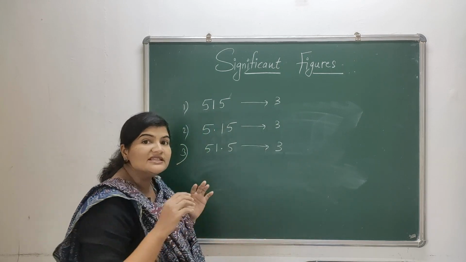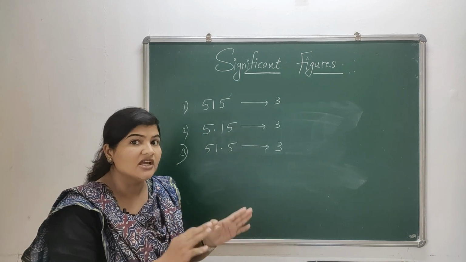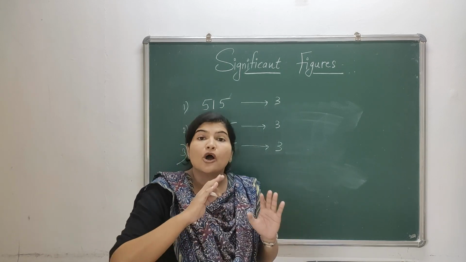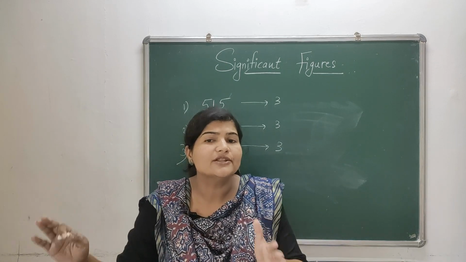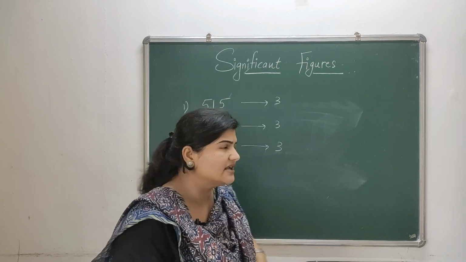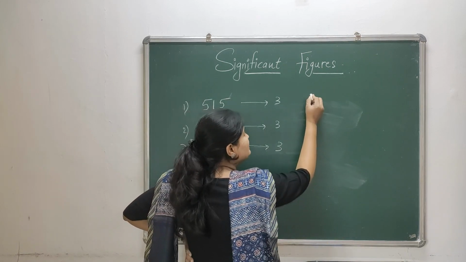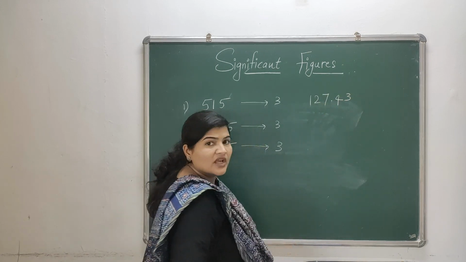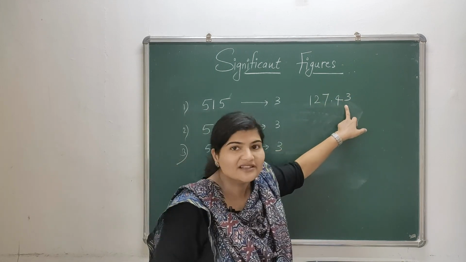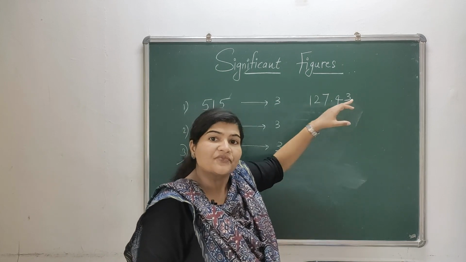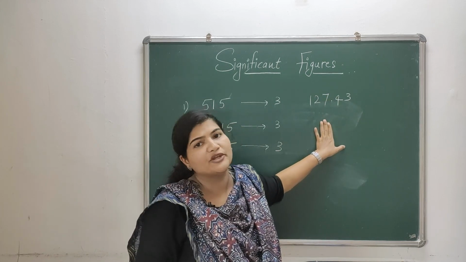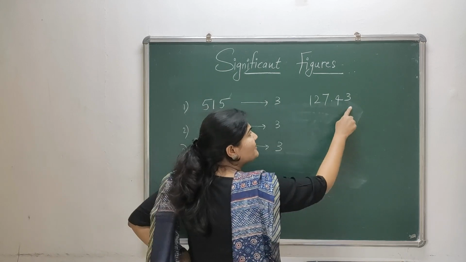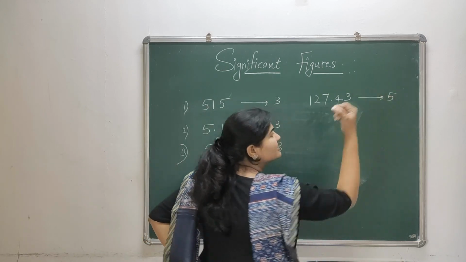Second rule. Now this second rule is again very important. This states that all the non-zero digits are significant. Suppose I have this number 127.43. All of these are non-zero digits, so all the non-zero digits are going to be significant. So in this number there are 5 significant figures, right?